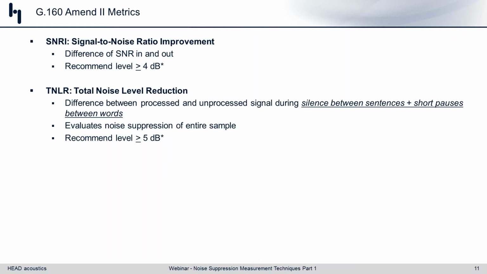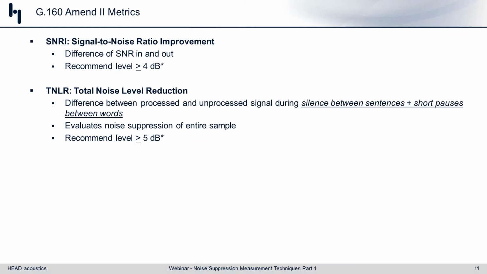They're slightly longer, but we also look at the very short pauses in between words, and then we sum up all those silence periods and we look at what is the total noise in those portions in the processed signal versus the unprocessed. And then we evaluate the noise suppression. And again, ITU says, ideally, we end up with something that's greater than 5 dB of total noise level reduction.